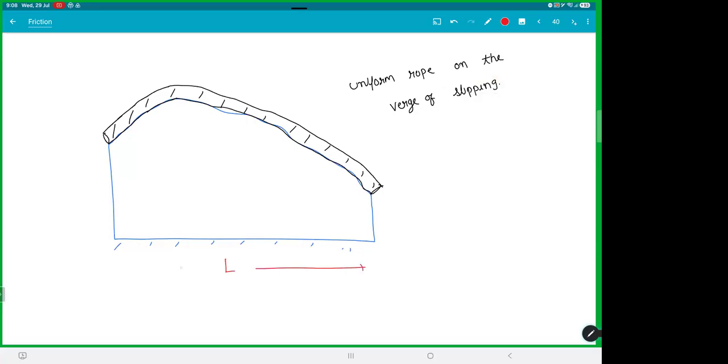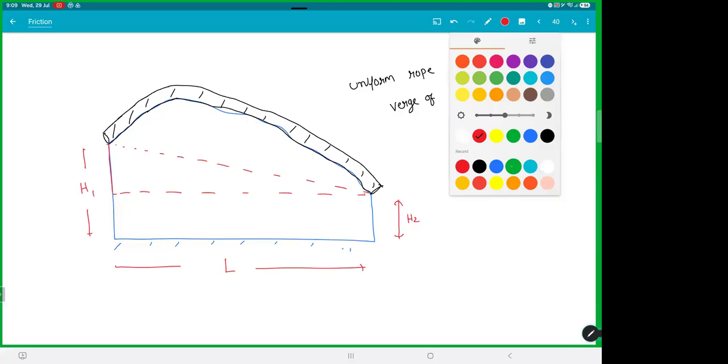Then the result goes like this. If this is length L, this is height h1, and this is height h2, then mu is given by the difference in height, h1 minus h2, by L. That's it. Meaning you just take that corner and this corner, join them.